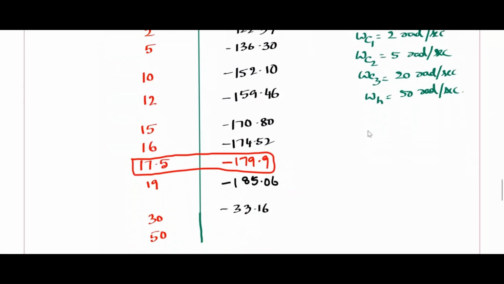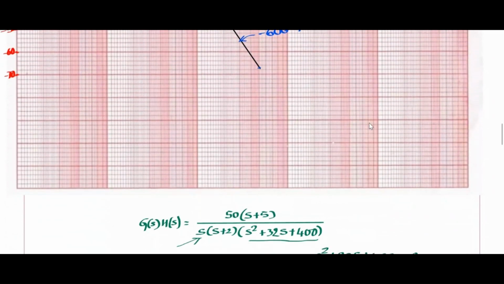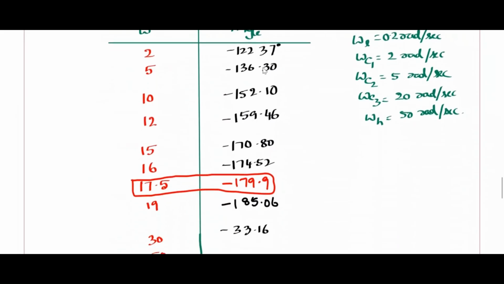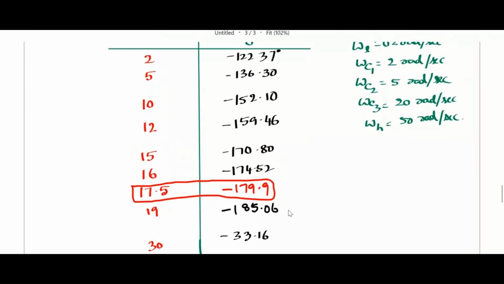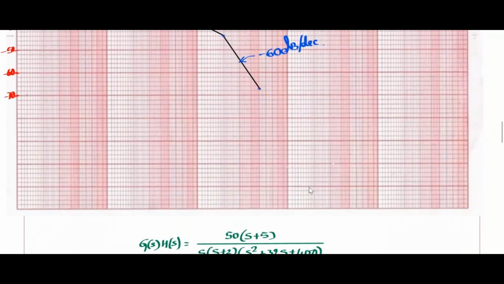Now we are going to plot these angles in the Bode plot, where the magnitude plot has already been presented. See the angle variations from minus 122 to minus 33.16 for omega value 30. So I will take minus 180 somewhere here, and this as minus 160, minus 140, minus 120, and this will be minus 100 degree.